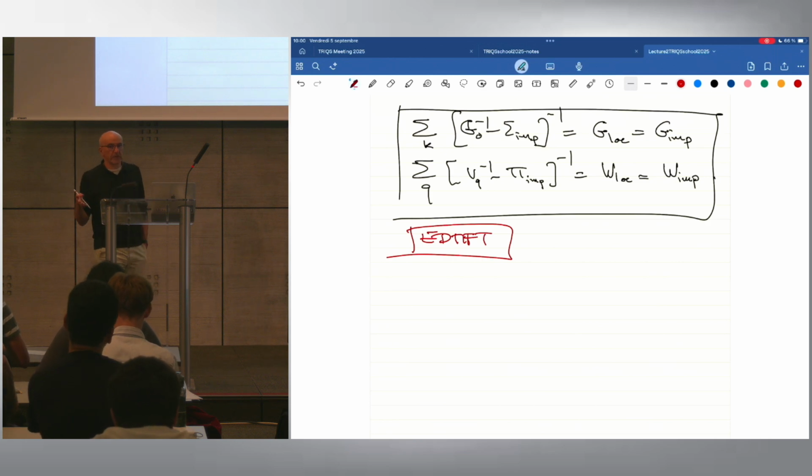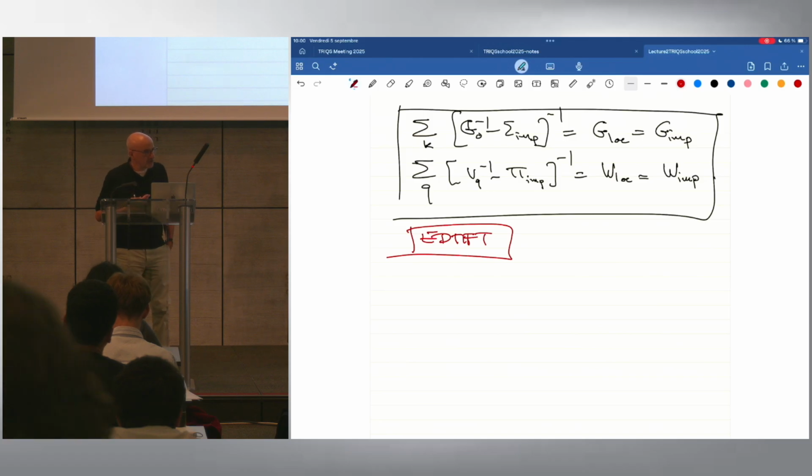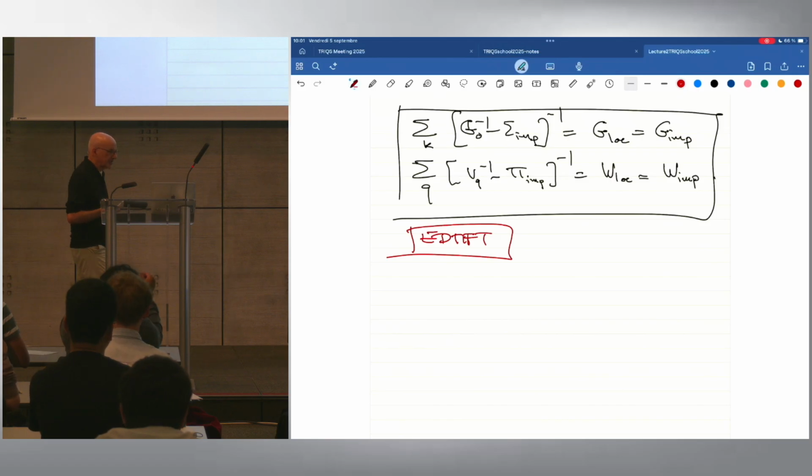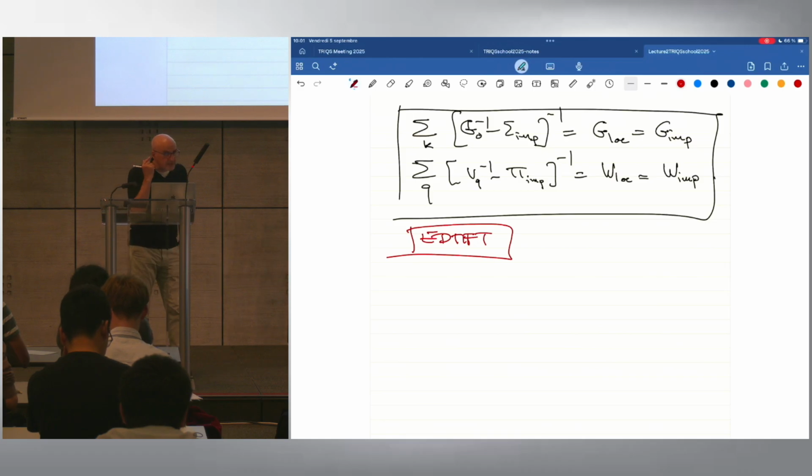There is no such thing with EDMFT. To my knowledge, there is no model in which you can take the infinite dimensional limit or something like this, for which DMFT would be exact, except with one important exception.